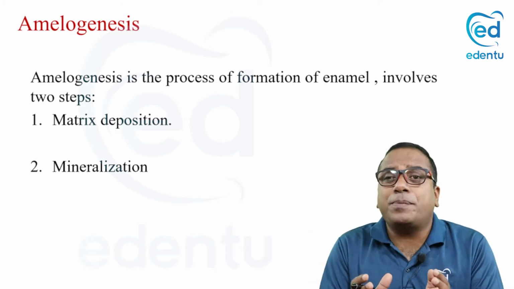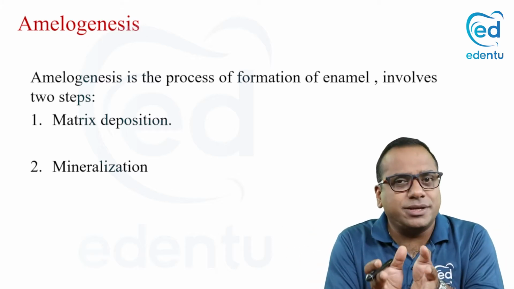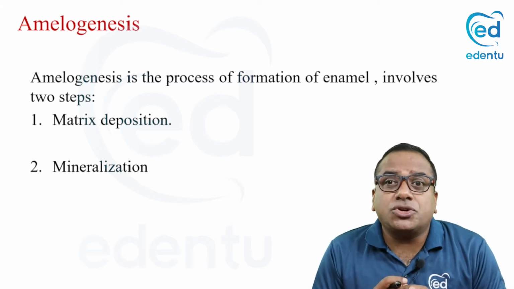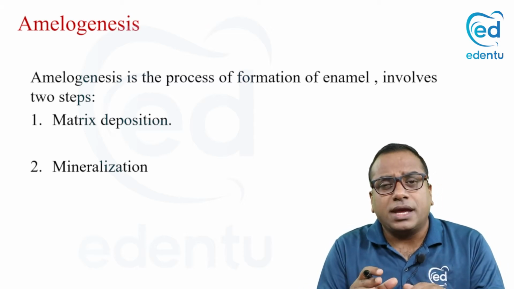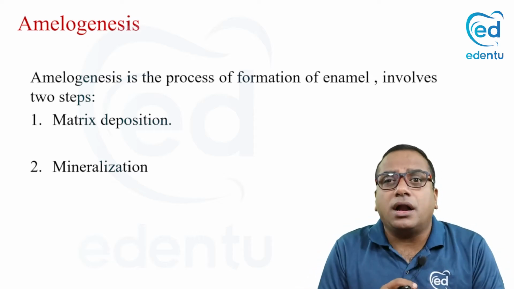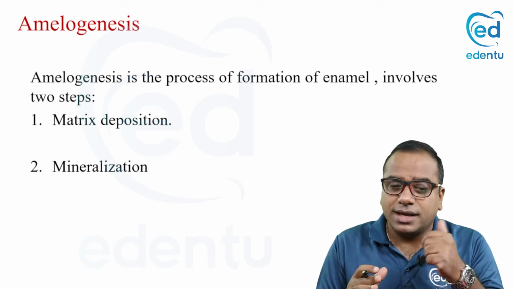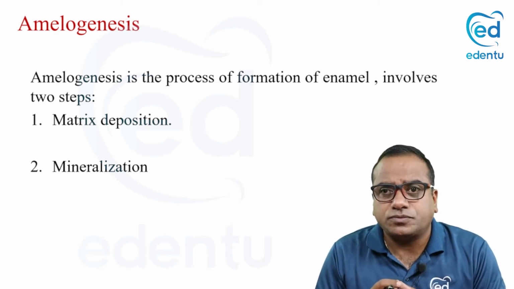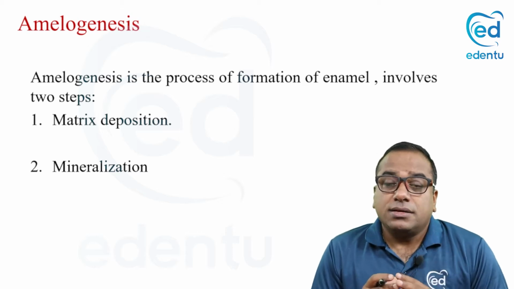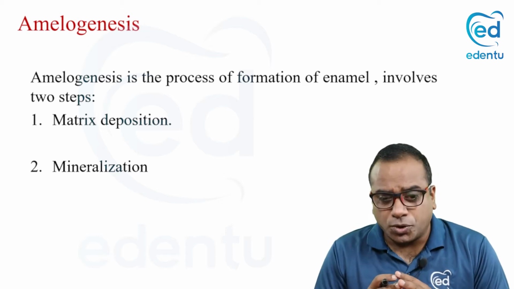So when he is making a paste of the cement, that is matrix deposition, and he will level it and make sure that no one steps over that. A little bit of watering will be done for the cement to become hard. That process here is called mineralization. So matrix deposition is step number 1, and mineralization is step number 2.